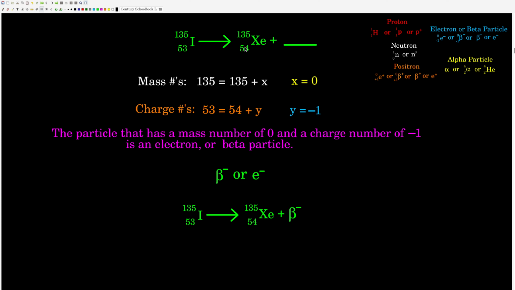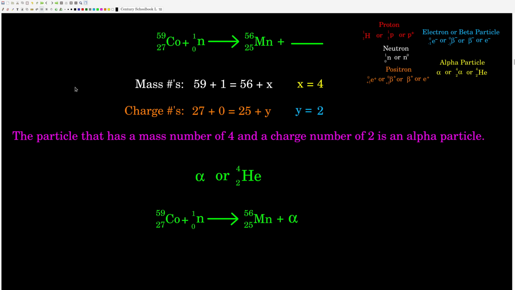On the right, we have 54 from xenon plus Y. Well, that means Y has to equal -1. So now that we know the mass number and the charge number are 0 and -1, we see that a beta particle, or an electron, is the only particle that has that set of numbers, so we know what the missing particle is. Technically, because it's produced during radioactive decay, it would be called a beta particle, but any of these symbols would be fine.